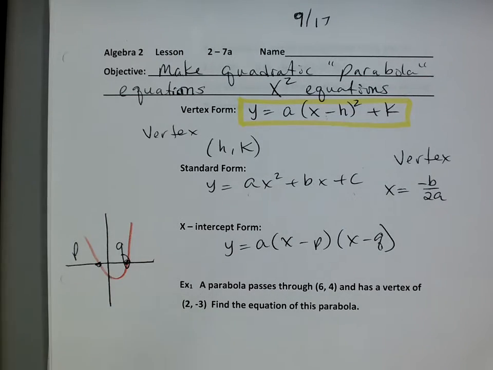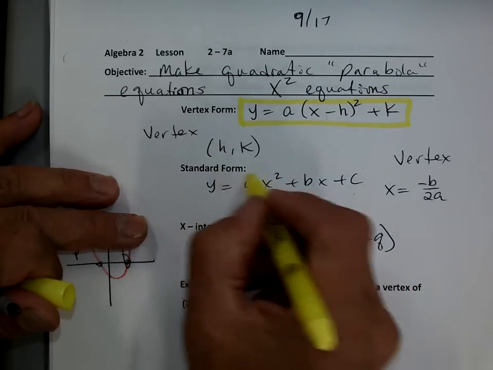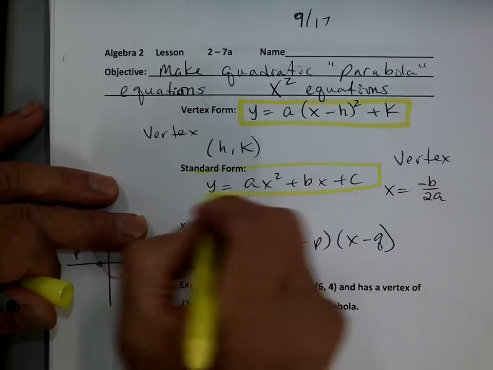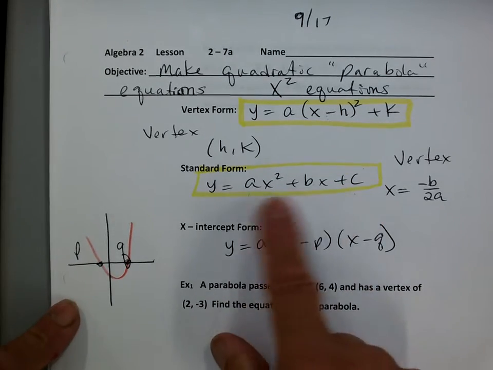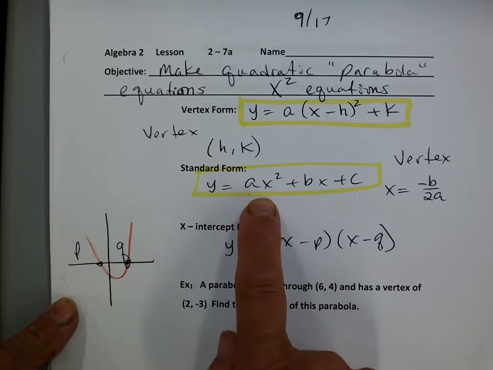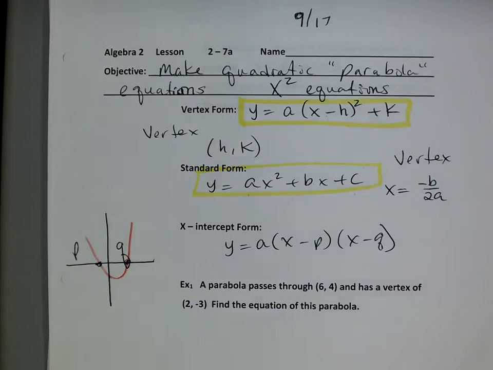If it's in standard form, which a lot of parabolas are, it's y equals ax squared plus bx plus c. That's a parabola also, but it's a little harder to find the vertex. We're given this little formula: x equals negative b over 2a.